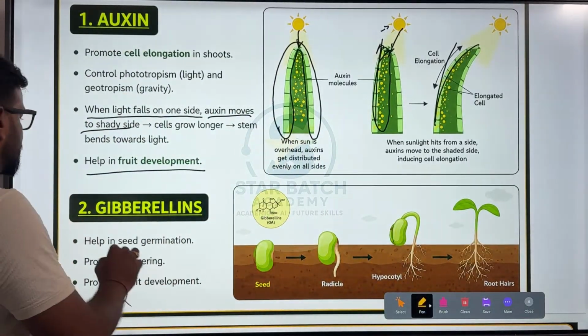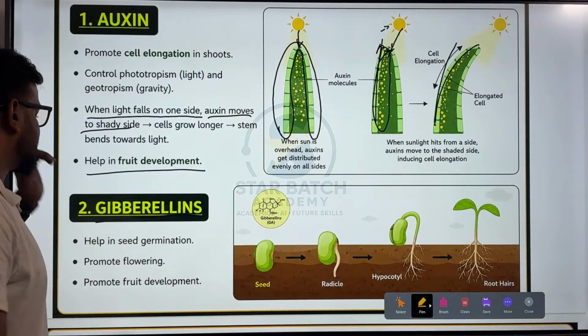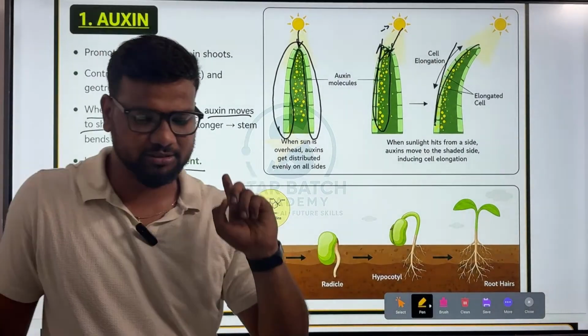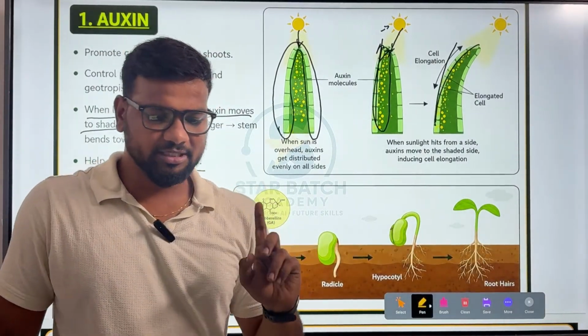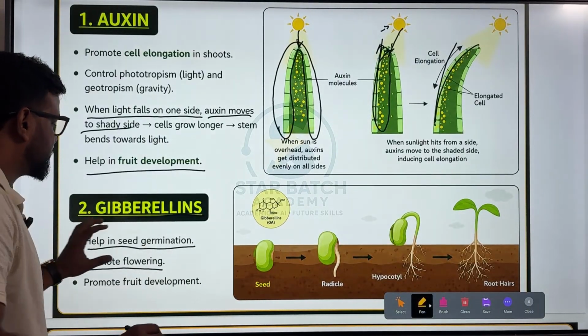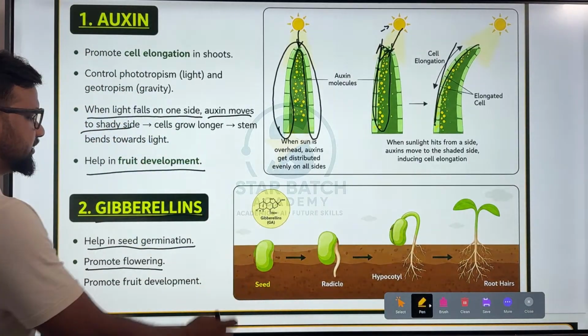Now let's go to gibberellins. What are gibberellins? See, gibberellins help in seed germination. Okay, seed germination it will help. It also promotes flowering. Can you see here?